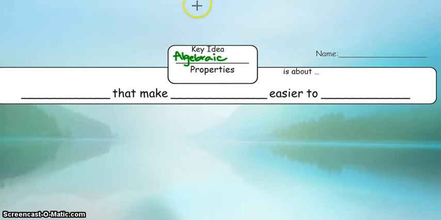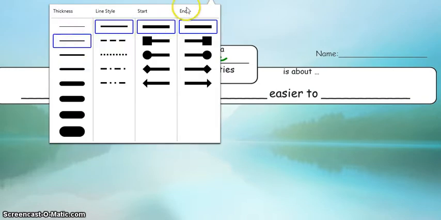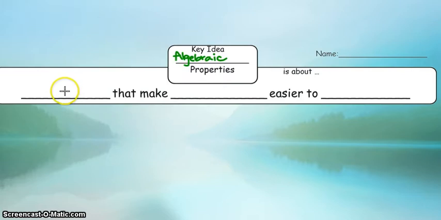And those algebraic properties are about properties that make expressions easier to evaluate.